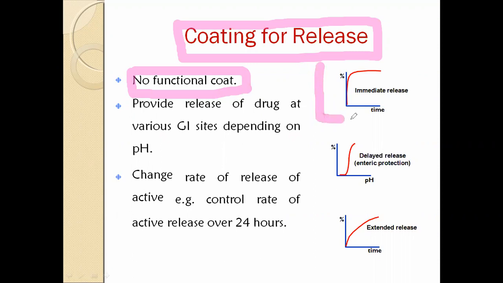You can see with the help of the graph shown here on the right hand side. When we plot a graph of time versus the percentage release of the drug, you will find that where we have not applied any functional coating, there is an immediate release of the drug.